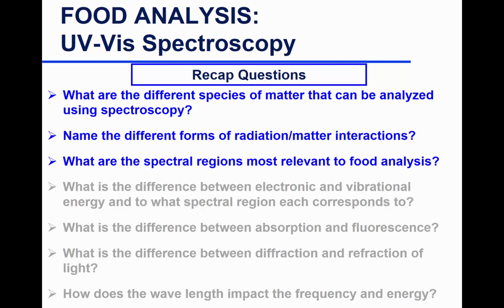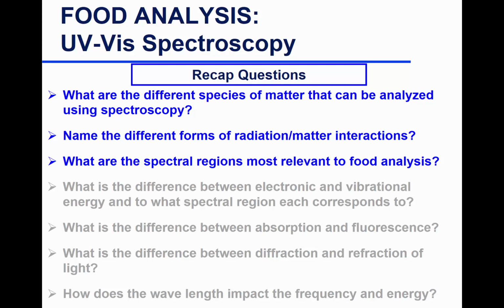Okay, so electronic energy corresponds to which spectral region? UV, visible, infrared. Electronic corresponds to the energy carried by UV-visible light.